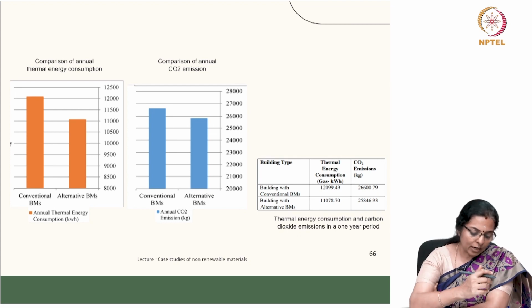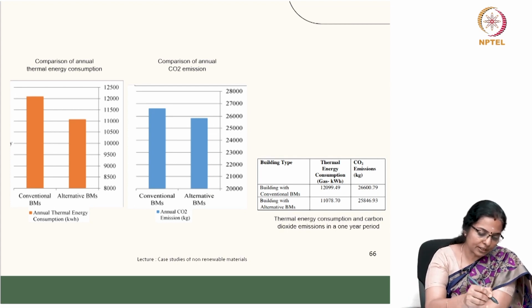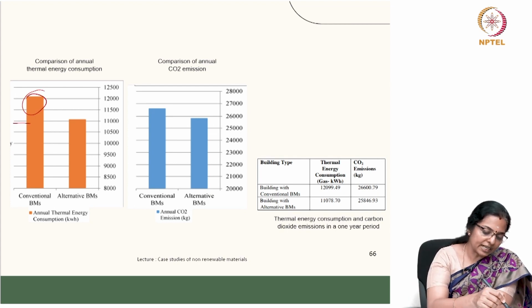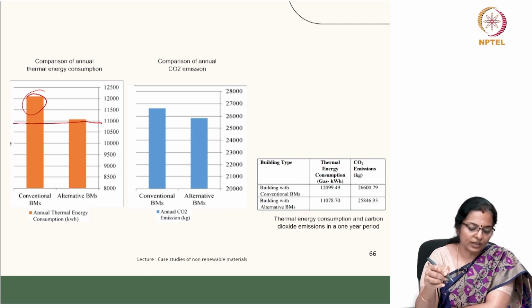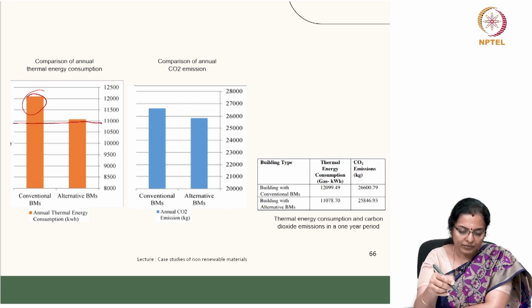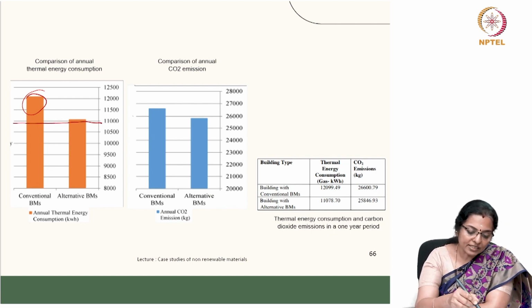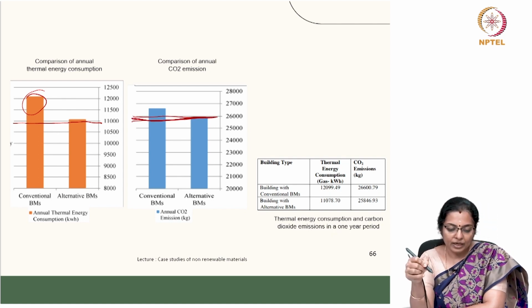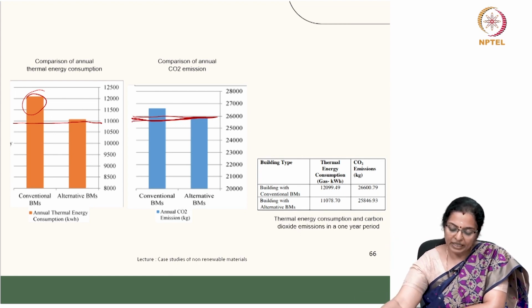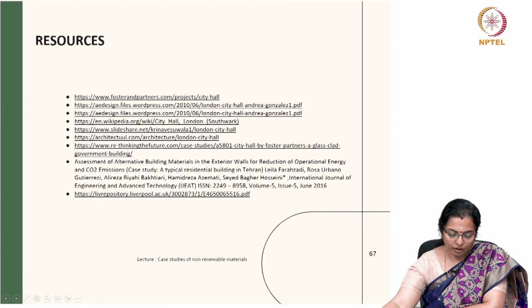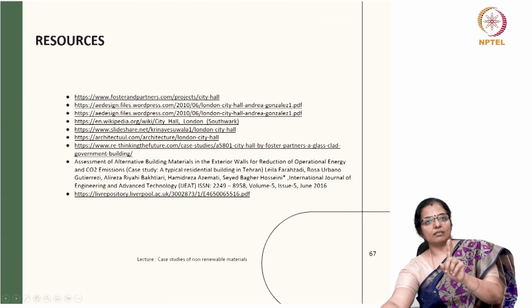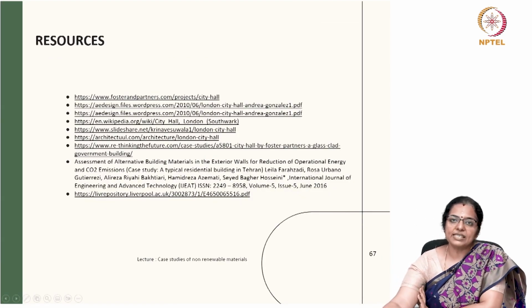You can see the annual thermal energy consumption of the conventional building is higher than that of the alternate building, and in the comparison of carbon dioxide emission, conventional buildings emit more CO2 than buildings built with alternate building materials for one year.